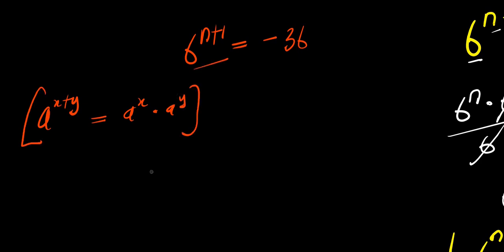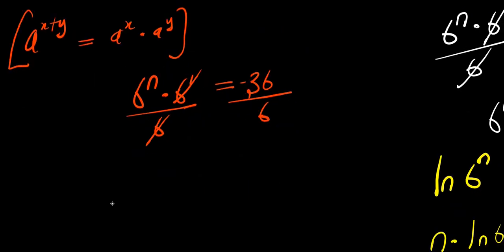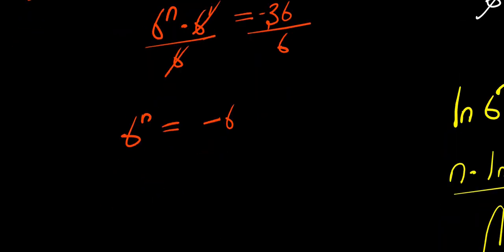So applying that here, our 6 power n times 6 power 1 equals negative 36. And divide this by 6. Divide this by 6. 6 eliminates 6. I have 6 power n equals negative 36 divided by 6 is negative 6.